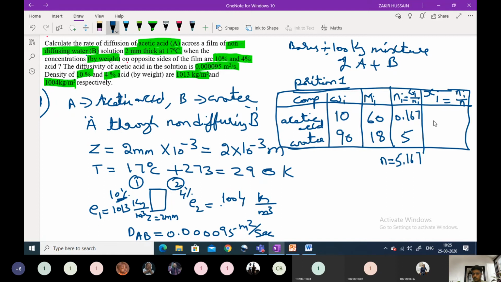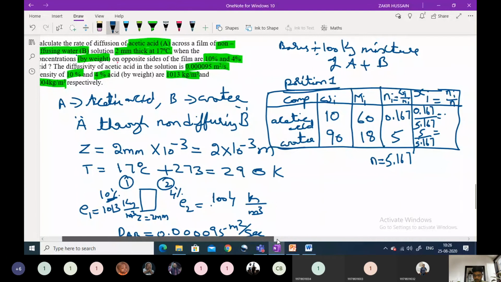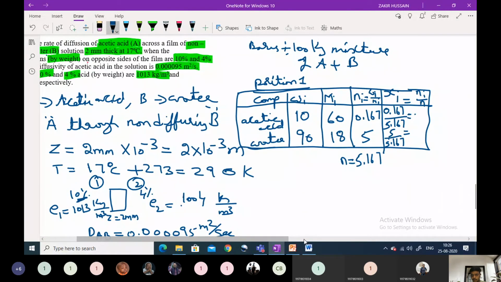So xi is 0.167 divided by 5.167, which is 0.032, and then 5 by 5.167, which is 0.967.